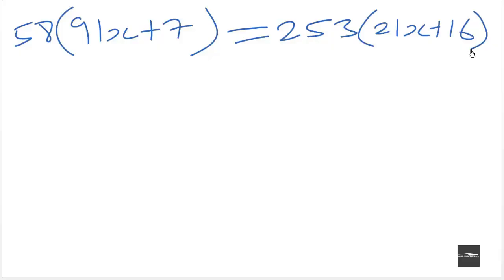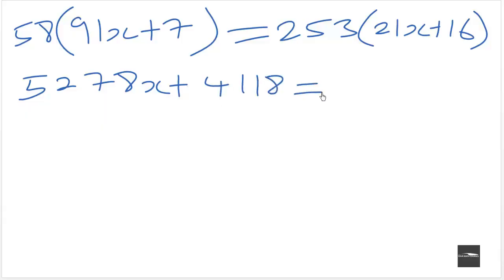When we expand, 58 times 91 will give us 5278x. Then 58 times 71 will give us 4118. 253 times 21 will give us 5313x. Then 253 times 16 will give us 4048.